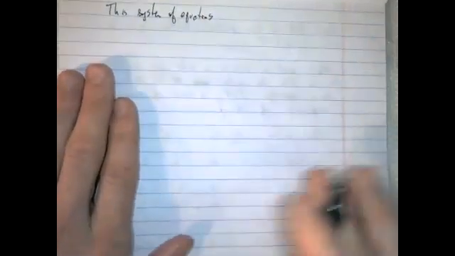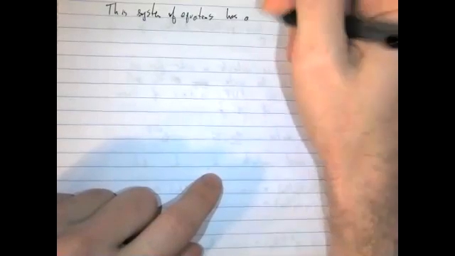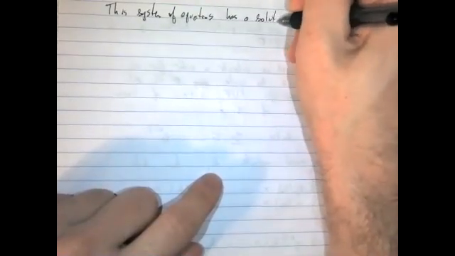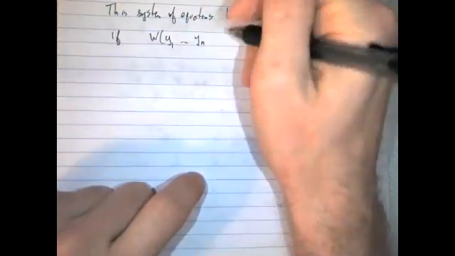So this system of equations on the previous page, that big system of equations, has a solution in particular if W of y1 all the way up through yn at t0 is not equal to 0.